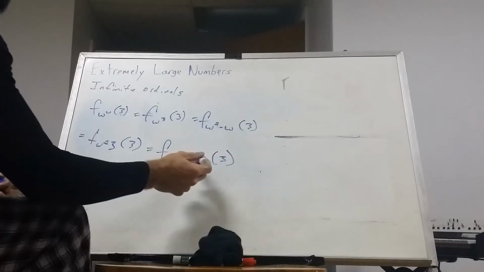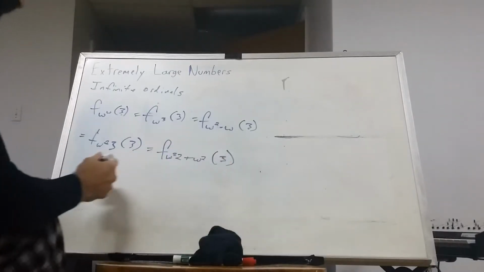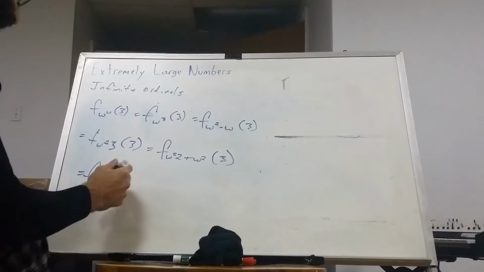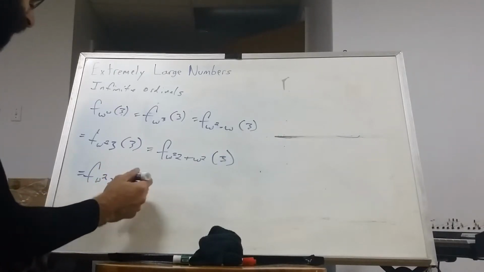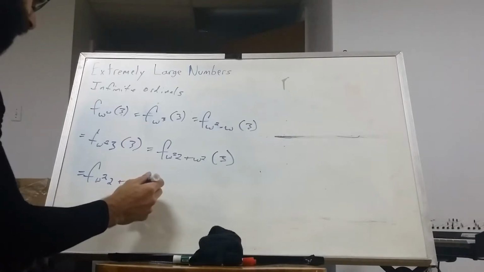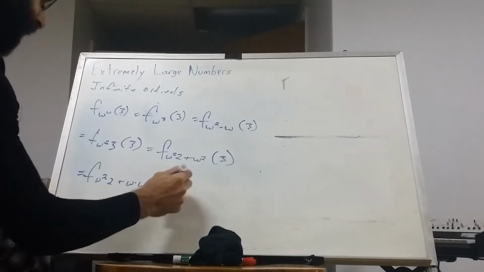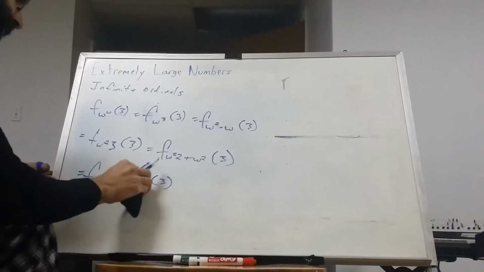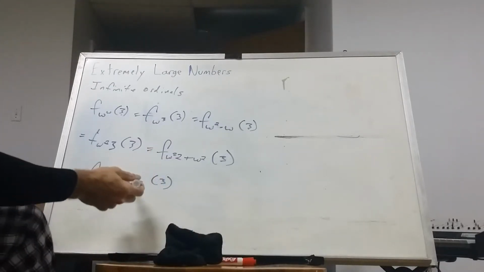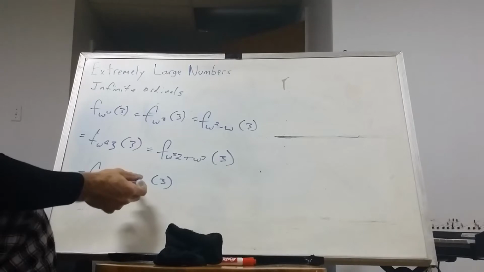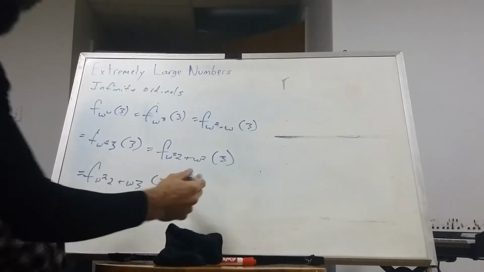Then we can break this apart again to omega times omega of 3. This omega turns into a 3. Now this is in the way, so let's break this into omega times 2 plus omega.